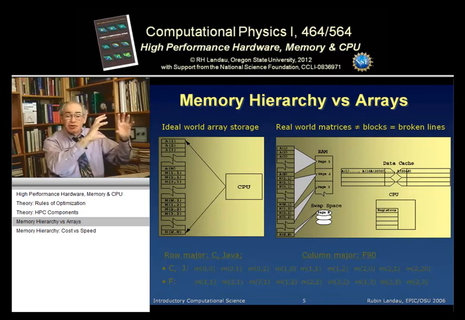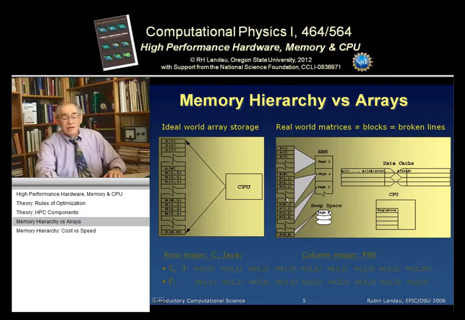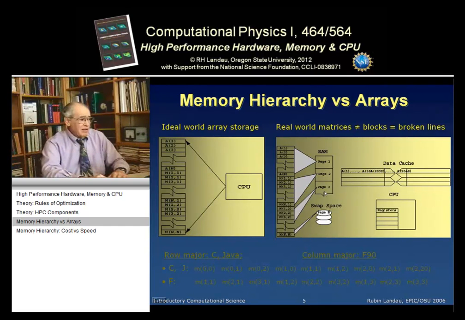read in a chunk or a page of that vector, put it into RAM, for example, page 1. It'll then read another chunk of, let's say, the matrix M, put it in page 2, and another chunk, put it in page 3. So you have separate pages, and the sizes depend on the details.